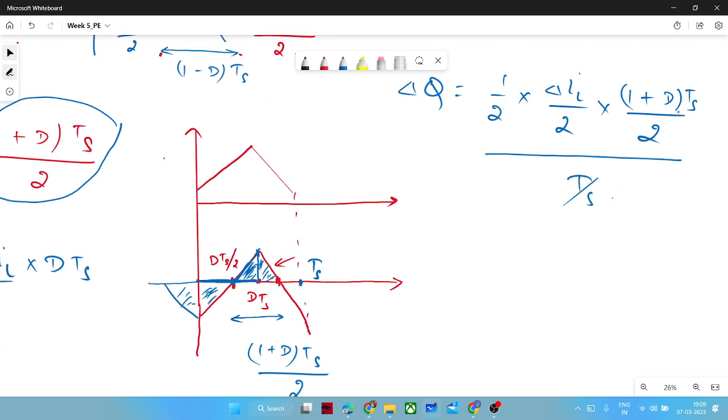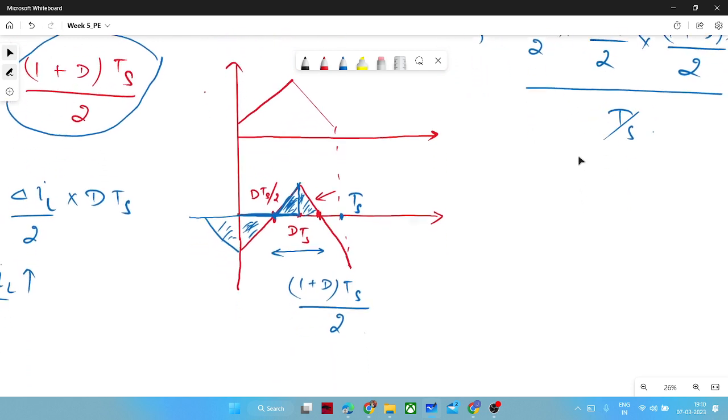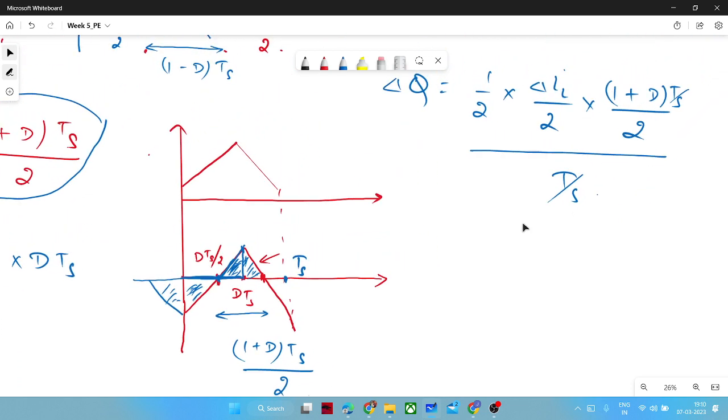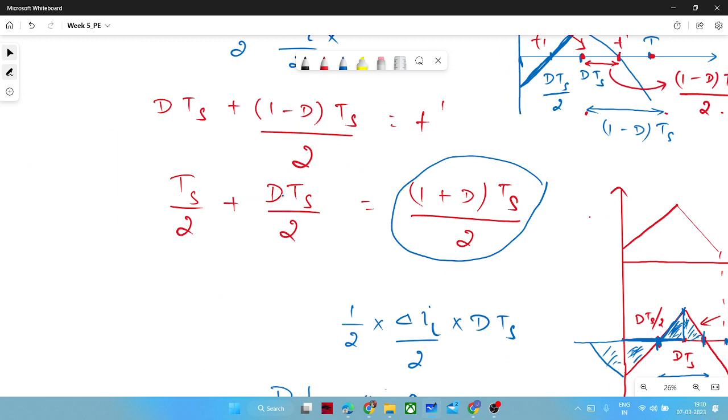No, sir, that length is different. It cannot be (1 plus D) into TS by 2. We have the first zero crossing also. Yeah, this DTS by 2 and this point. Correct, correct. Thanks a lot.